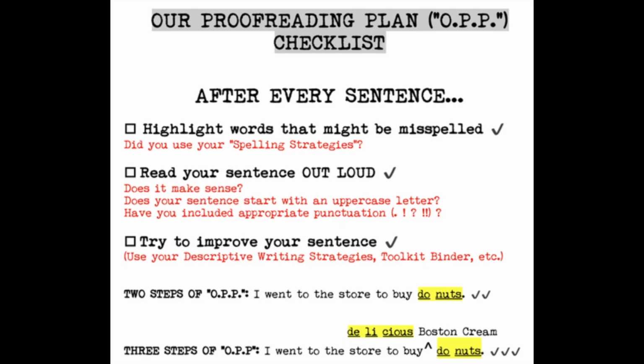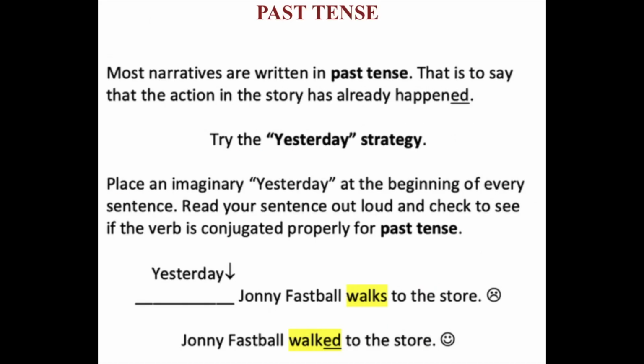As is the case with any writing text form, students are reminded to apply 2 or 3 steps of our proofreading plan, or OPP, after every sentence they write. Most narratives are written in past tense. That is to say that the action in the story has already happened, but the narrator is reporting on what has happened.